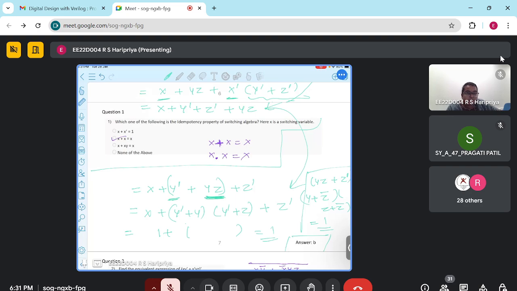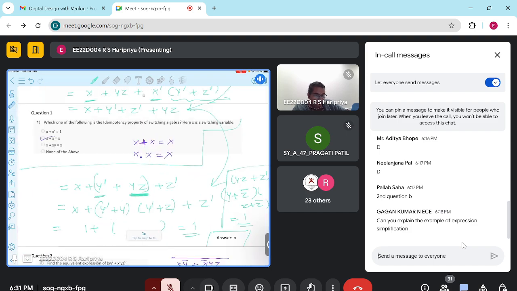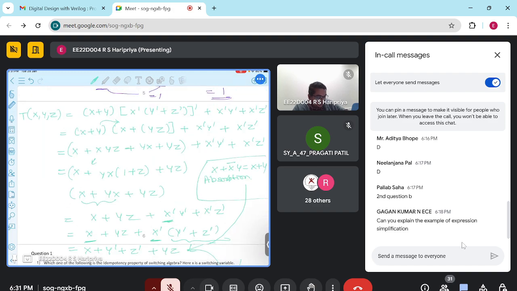So is it clear? Expression simplification. So just repeating it again. First, we distributed this x plus y with this term.